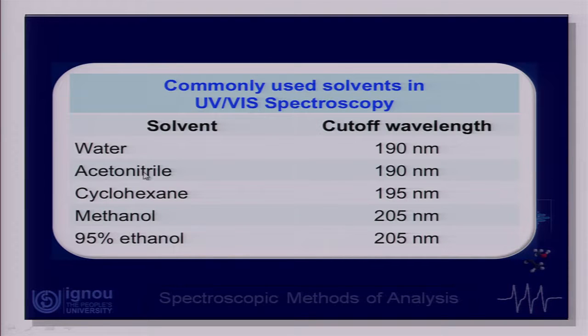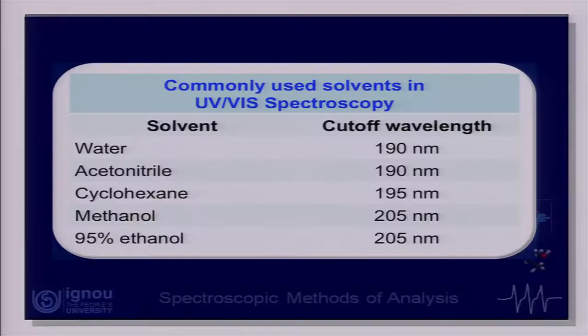Similarly, the same is true of acetonitrile, and cyclohexane has 195 as cutoff, 205 is the cutoff of methanol or ethanol. So, we have to choose an appropriate solvent. Suppose I want to make a measurement at 190 nanometers, I cannot use alcohol or methanol. So, we have to make a suitable choice.